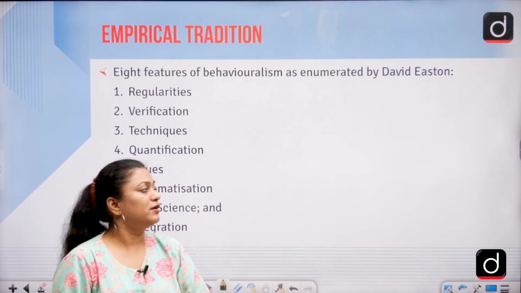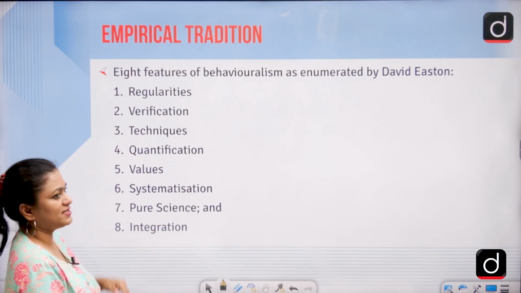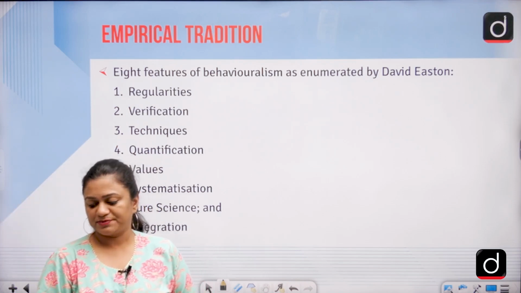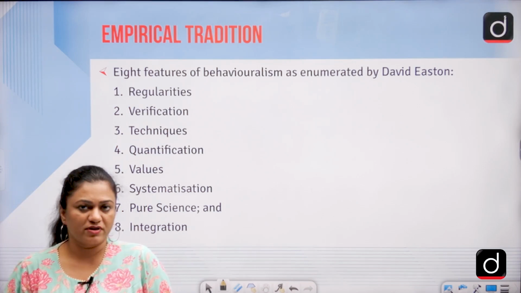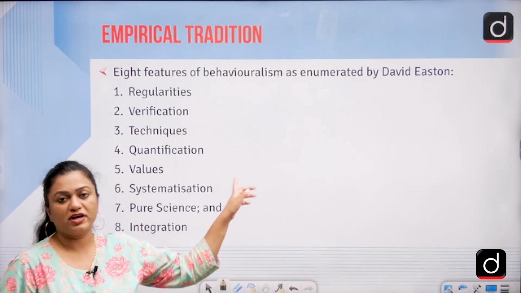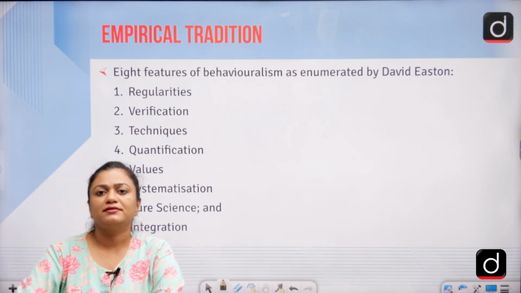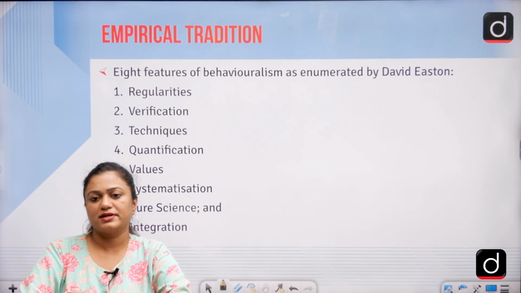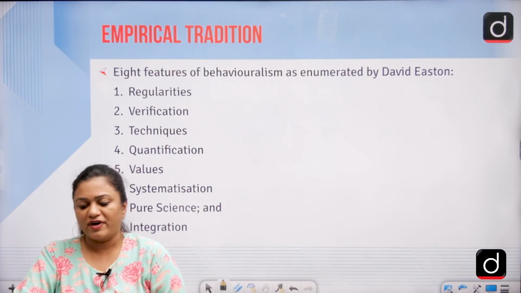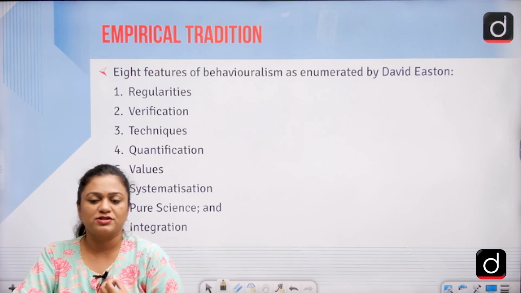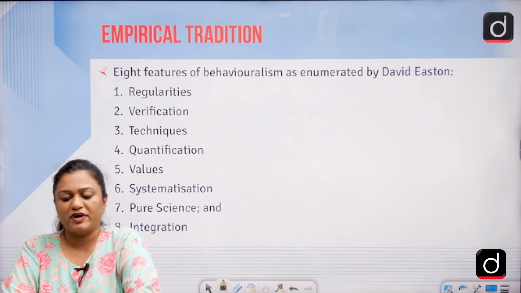Now here, David Easton came up with 8 points to explain behavioralism. Okay, so the very first one is regularities. It implies that there are certain discoverable uniformities or patterns that you need to find out.